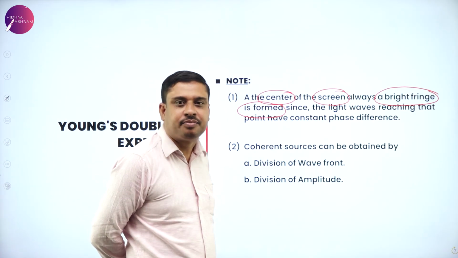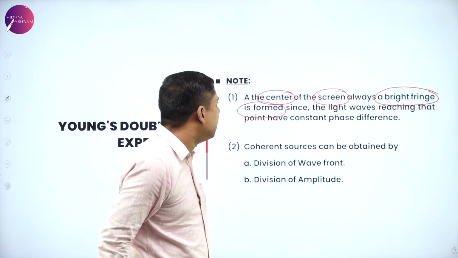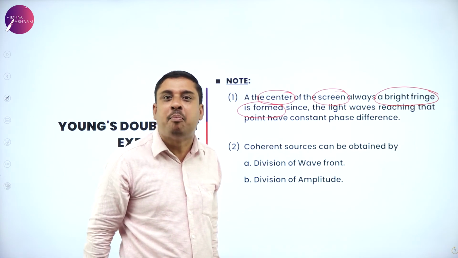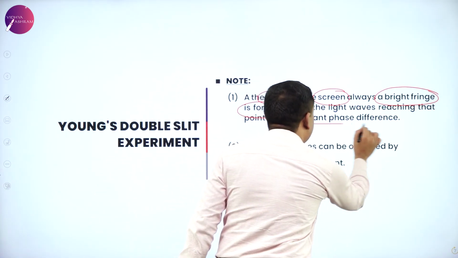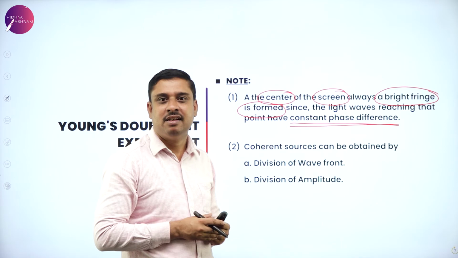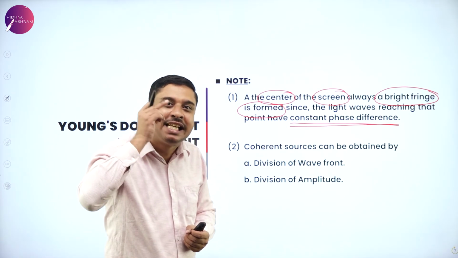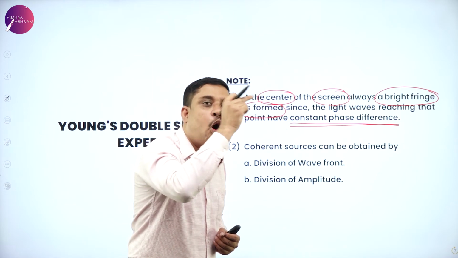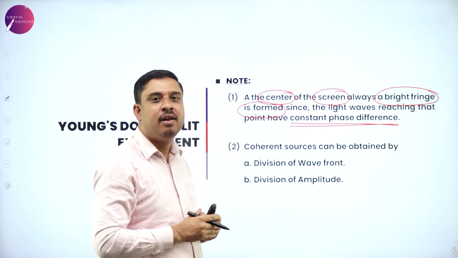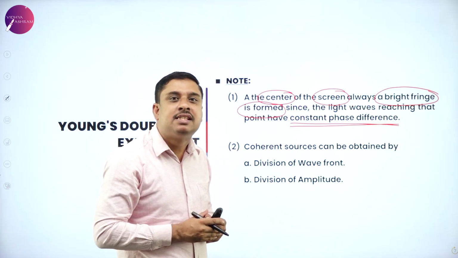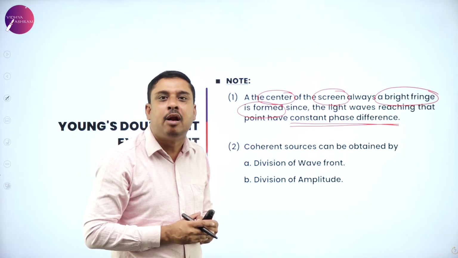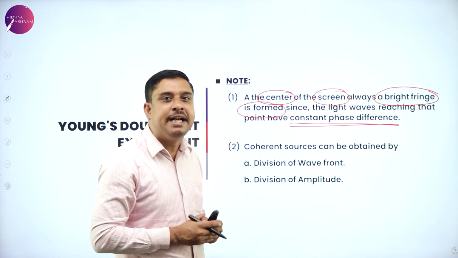What is the reason? The waves reaching the central point on the screen always have constant phase difference. Therefore, the central point is always bright.